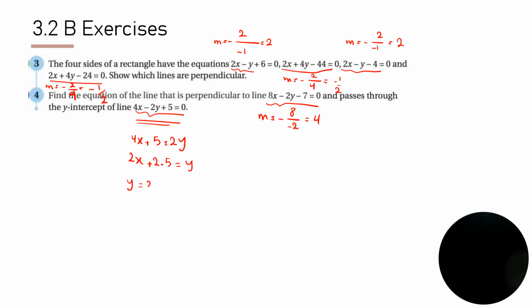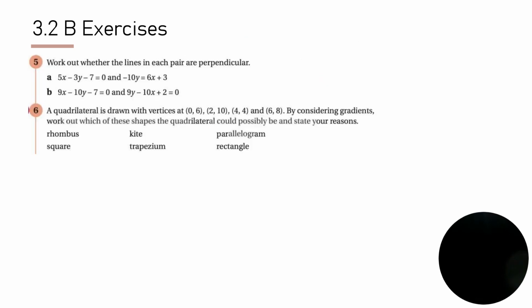Now we can see that y is equal to 2x plus 2.5, and the y-intercept is just 2.5. Therefore, we can say that the line is y equals 4x plus 2.5. And that's the answer to this question. Next slide.